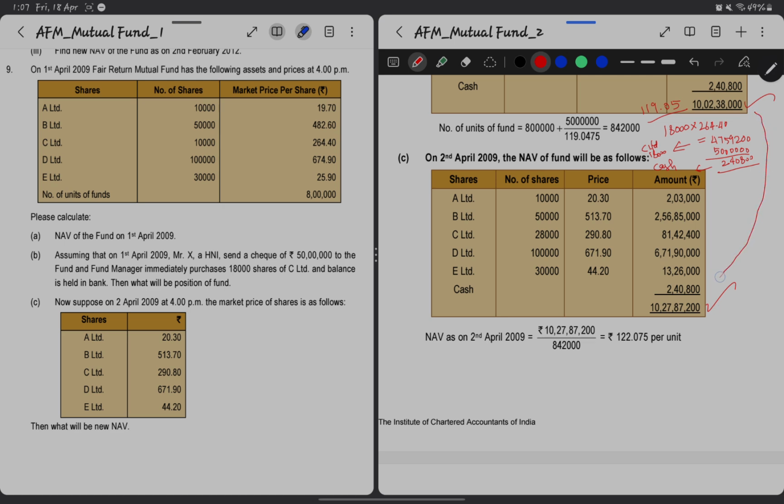So there is a change from the previous net asset value to this net asset value, almost some 25 lakh increase. So this 10 crore 27,87,200 divided by the number of units, which is nothing but 8,42,000, will give us the revised NAV per unit as on 2nd April 2009 at 4 pm. So 122.075 per unit is the revised NAV.